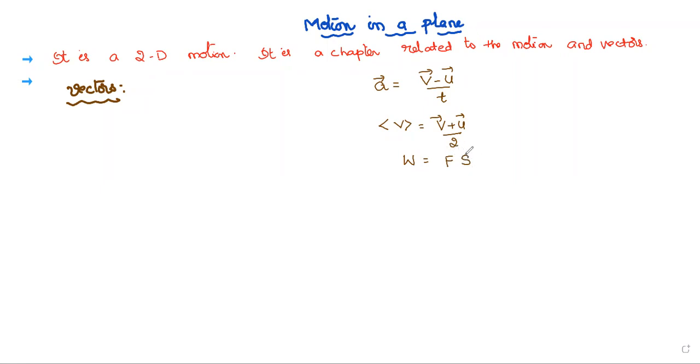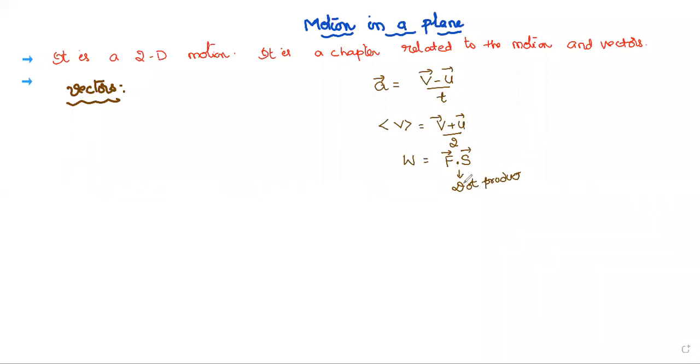In vector form, we write here F bar into S bar with a symbol called dot. In the same way, we put the dot here. This is called the dot product. After taking the product, we will get a scalar on the other side. This is one kind of product.